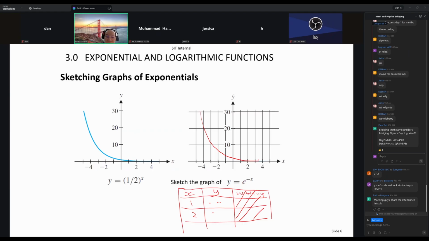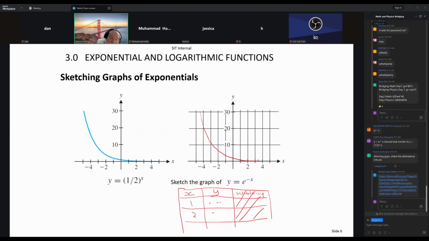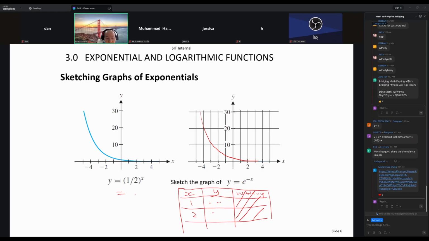Just like before, y equals e to the power of minus x should be quite similar to the one on the left, because y equals half to the power of x is 2 to the power of minus x. And your e here is close to 2 because it's 2.718. So it will look similar, but not exactly the same. So these are called exponential functions.